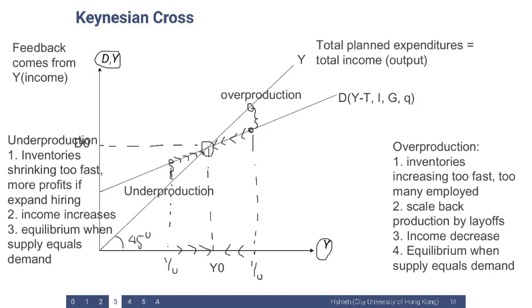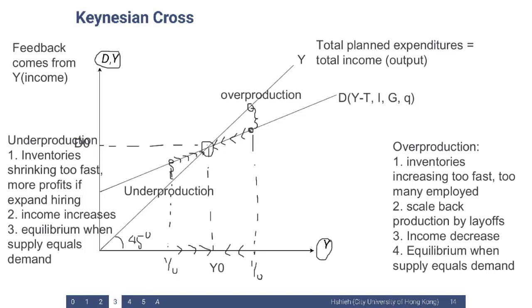They're making too much, and they have too many people employed making goods and services. So what's going to happen is people will be fired, right? You have people being laid off, companies are shrinking, disposable income in the economy is also shrinking, and as a result, we will be moving towards here, right?